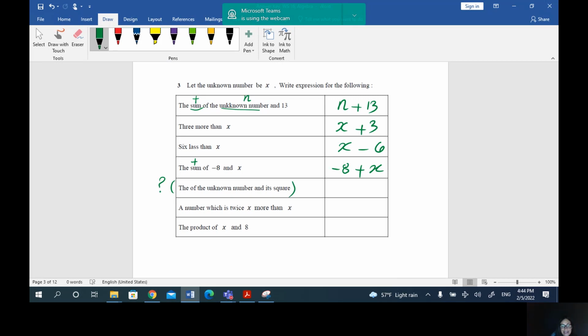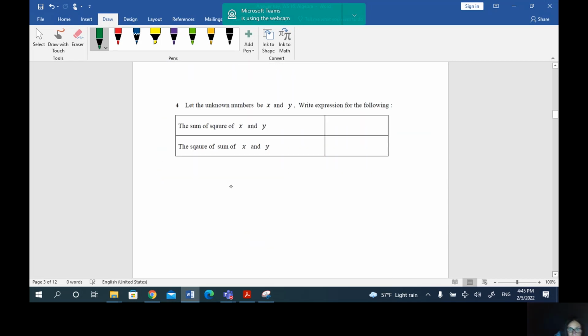A number which is twice x more than x: x plus twice x, which means 2 times x. The product of x and 8 means the multiplication of x and 8. So it means x times 8, which comes down to 8x. That's how we write it algebraically.